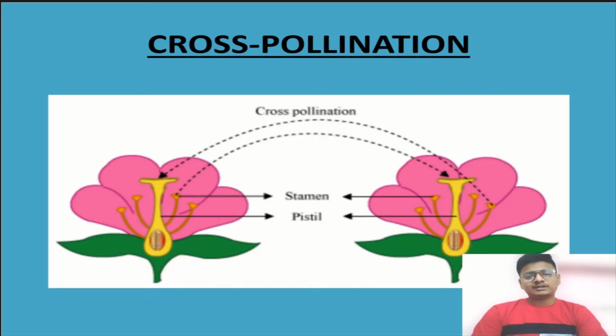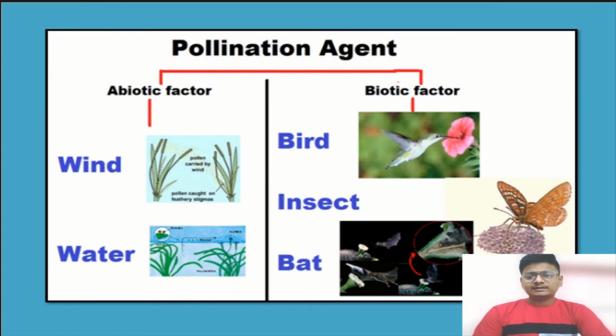And cross pollination, just now we saw that it is in different flowers, stamen and pistil are present in both, or it can travel from one to another or vice versa. So there are some pollination agents, there are some abiotic factors also, there are some biotic factors also. Abiotic factors are like wind and water, biotic factors are like birds, insects, bats, it can be humans also.